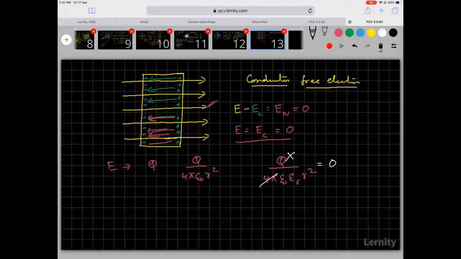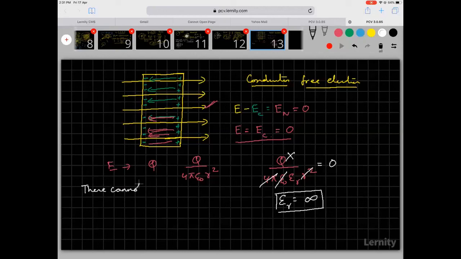These are definitely not 0. So what is the issue? Why did it become 0? It became 0 because E_R is equal to infinity.